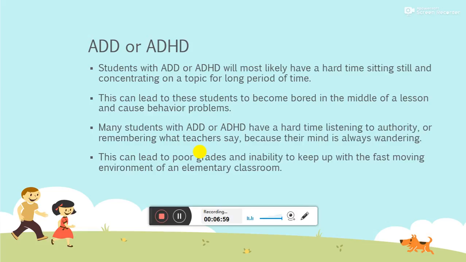So these students will have a hard time sitting still or concentrating on a topic for too long. And this can lead to students being bored, and that can cause the behavior issues as well. Also, these students have a hard time listening to authority and remembering what teachers say, because their mind is always wandering, they're always thinking about other things, not really concentrating on one thing for an extended period of time.